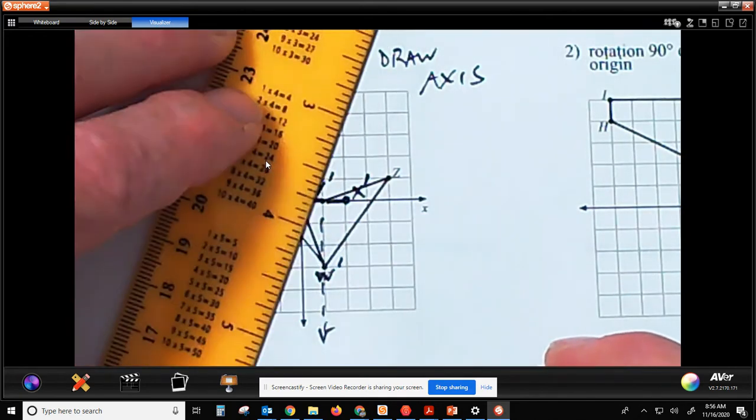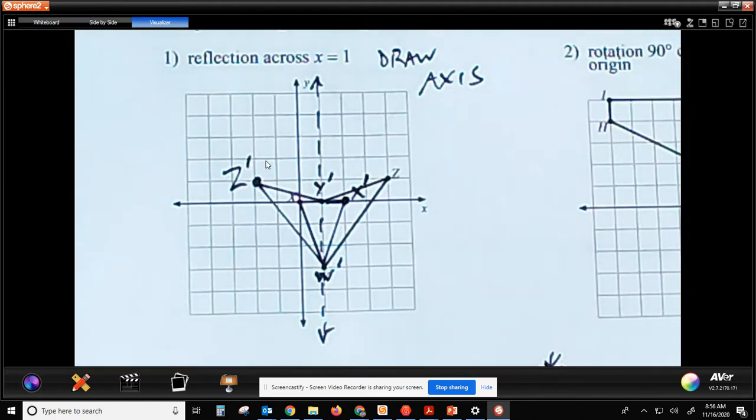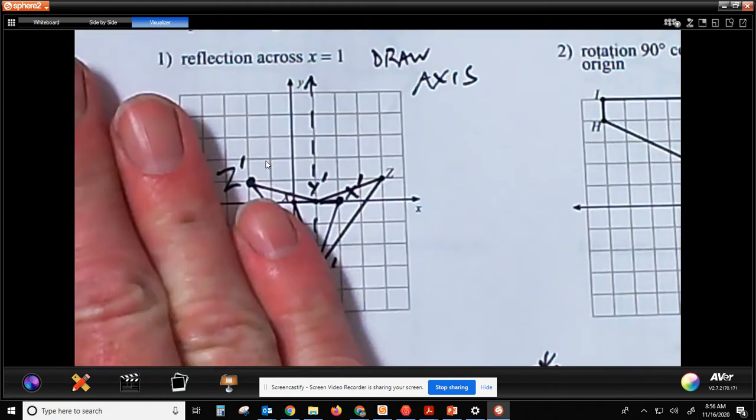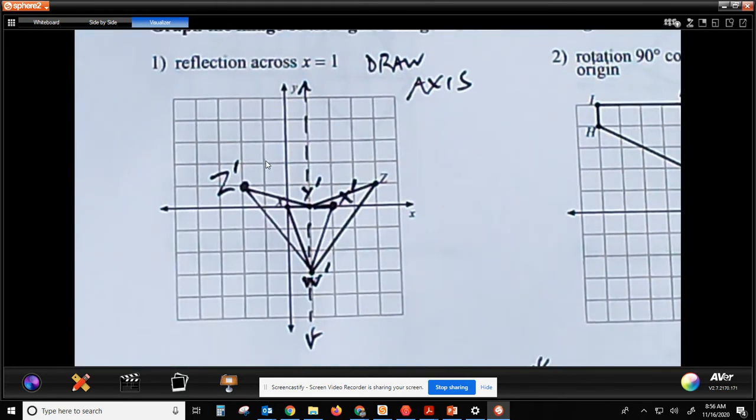And then there's one line down to w. So there is our reflection. The shape picked up and pancaked to the other side. Up and over. There's reflection. Any questions so far?